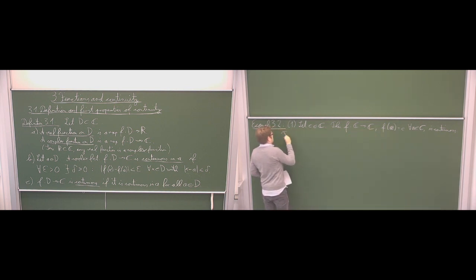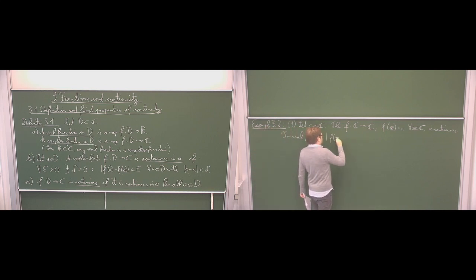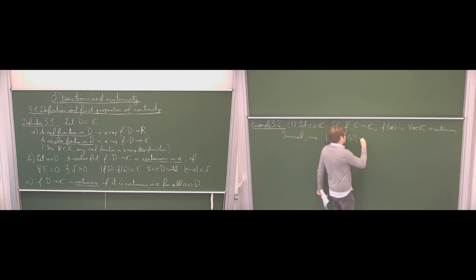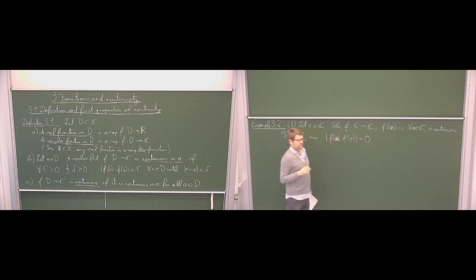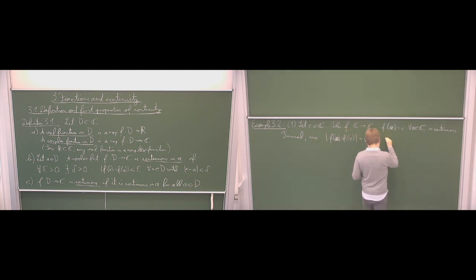I'll be so smug as to call it trivial, since we know that |f(x) - f(y)|, this absolute value which we need to investigate in the condition of continuity, if f is constant, this is of course always 0, because these two values are the same. Okay, so this is smaller than every epsilon we can imagine for all kinds of values of x and y. So yeah, there's nothing to show.